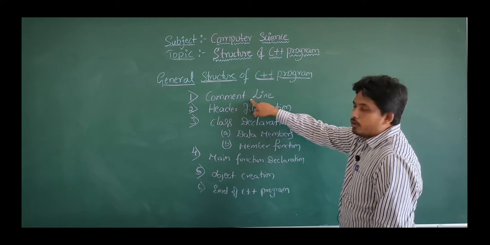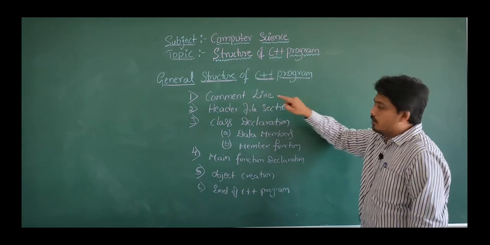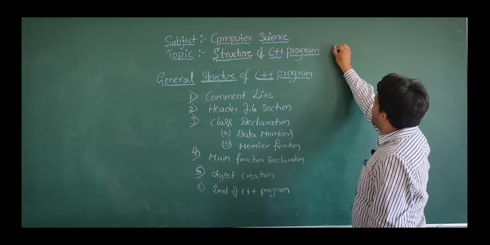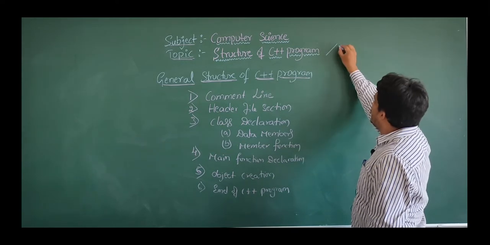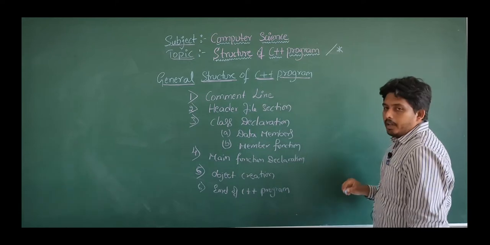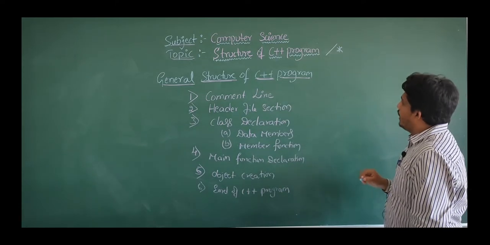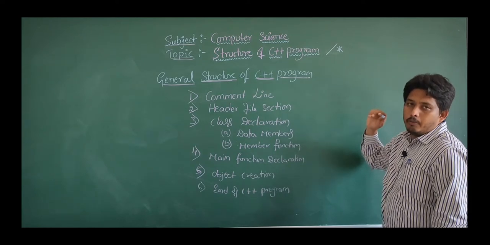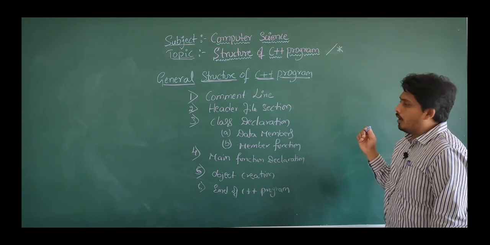First and foremost, you have to write a comment line. The comment line is written like this: first you put a slash, then a multiplication symbol. Usually here we write the intention of the program.